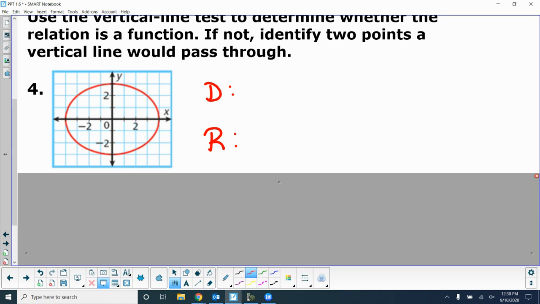What's the domain of this graph? Would it be -3? And then the one that's like sorta in between? What are you looking at when I ask you for a domain?